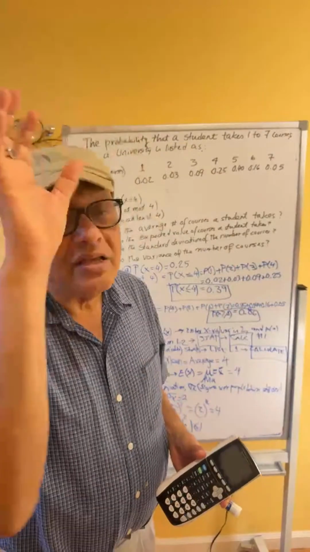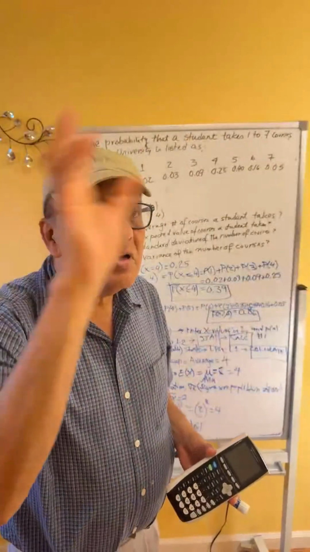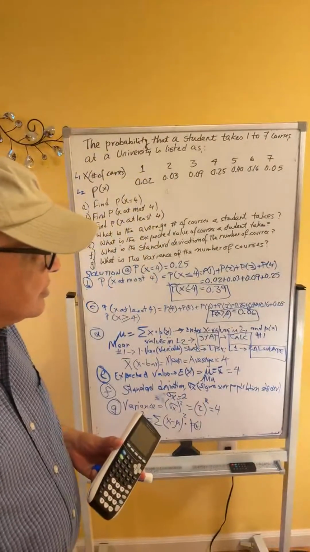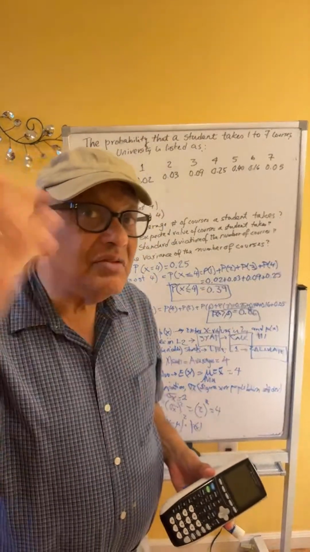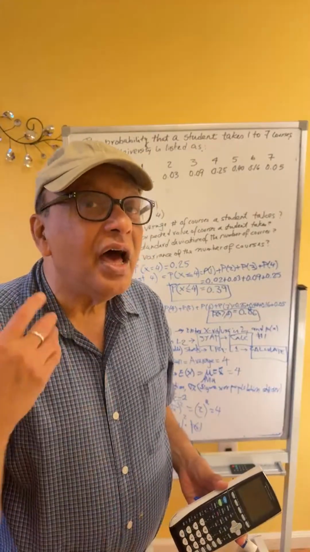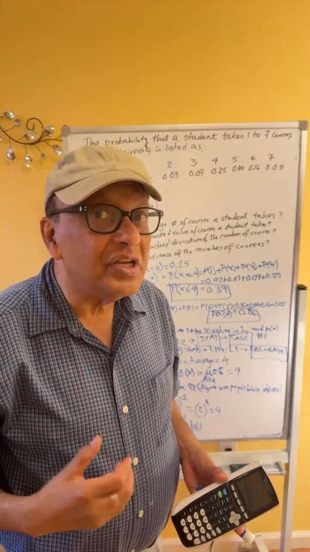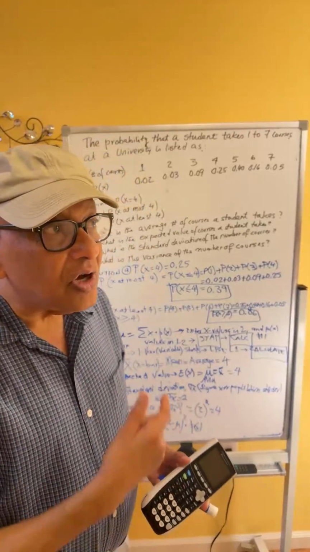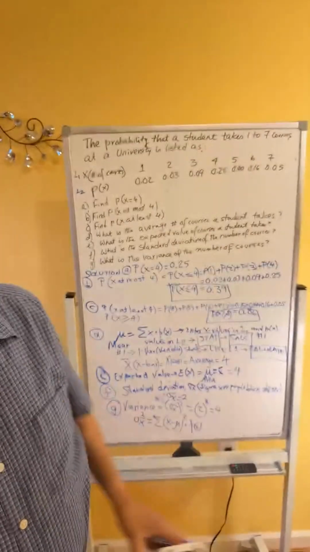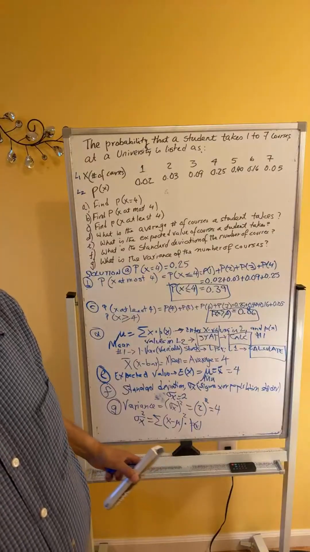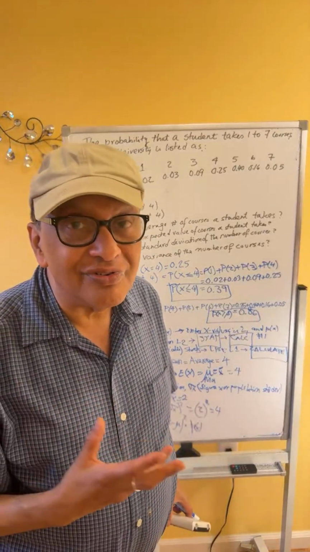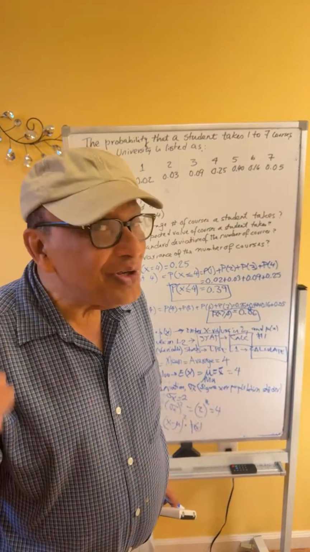Memories are cleared. Enter the x values in L1, corresponding probability values in L2 and do the calculation. This comes in handy when you calculate the mean, the standard deviation and the variance, because otherwise there is a lot of calculation involved. So I suggest using the TI-84 instead of the formula, although you should get the same results using the formula also.